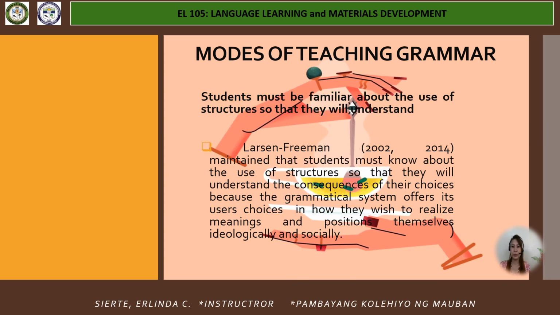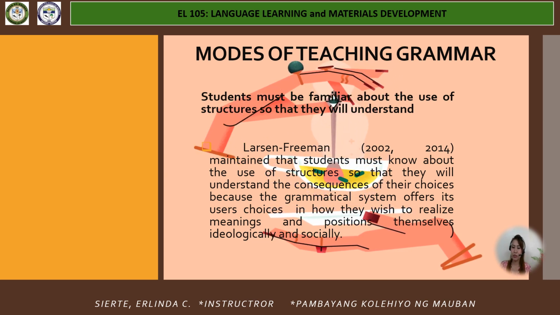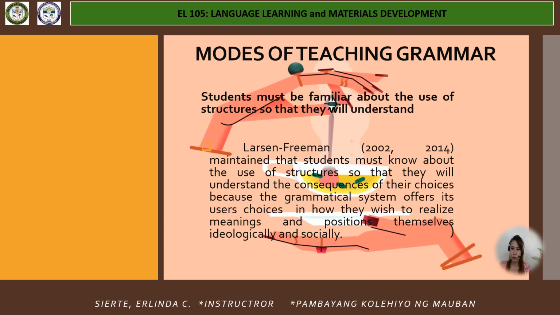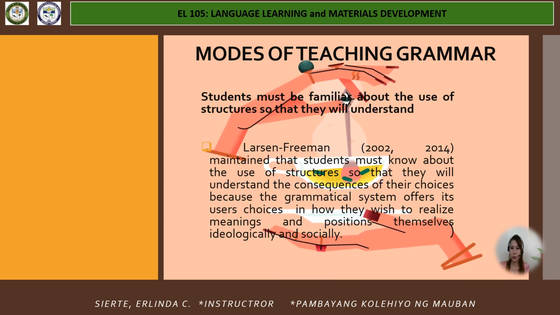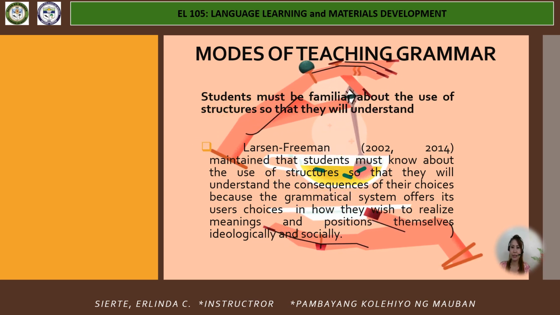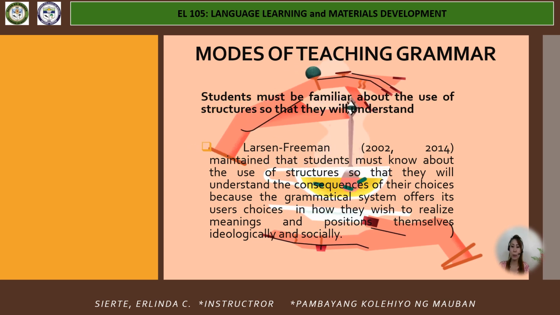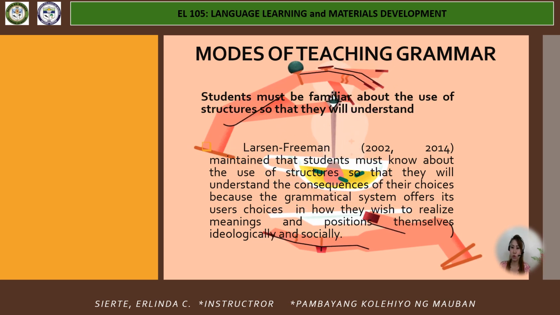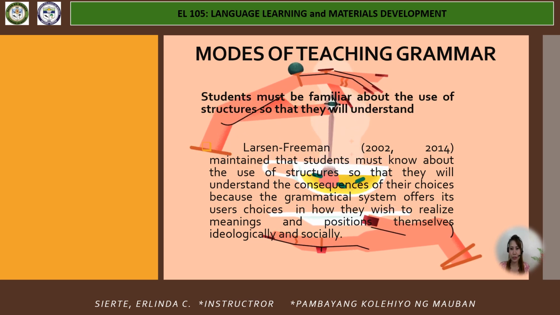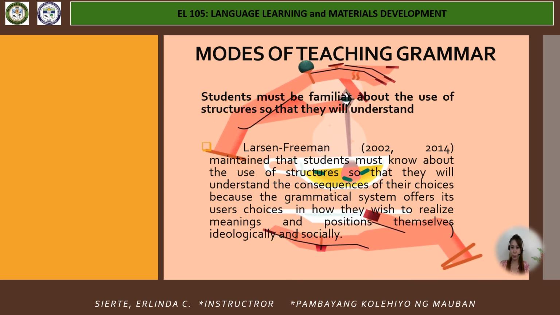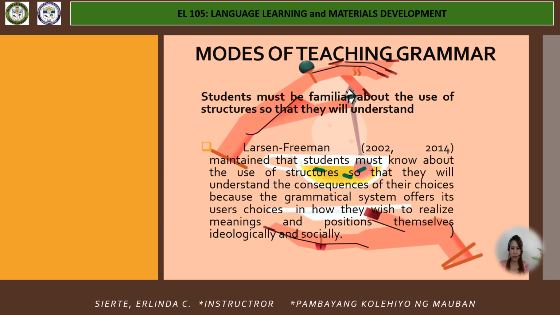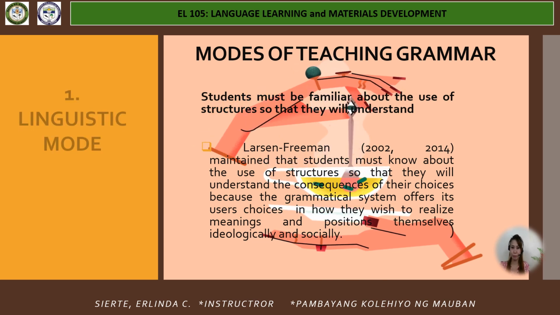According to Larsen-Freeman 2002 and 2014, students must know about the use of the structures so that they will understand the consequences of their choices, because the grammatical system offers its users choices in how they wish to realize meanings and position themselves ideologically and socially.